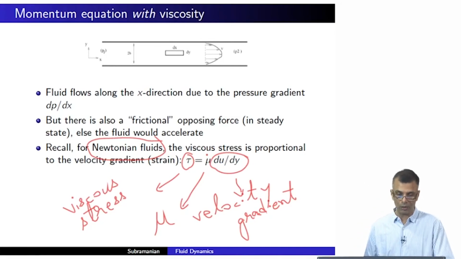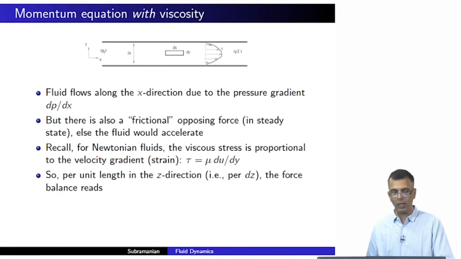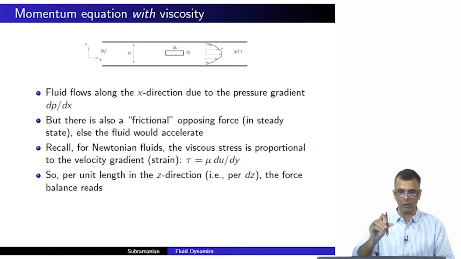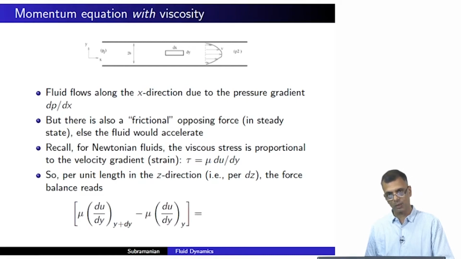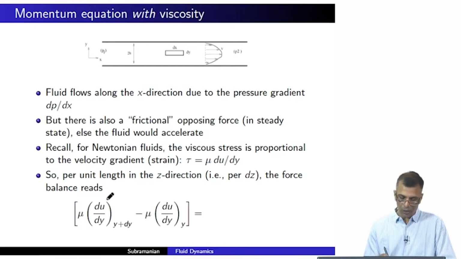So this is the kind of thing that we're talking about. Therefore, per unit length in the z direction, and the z direction is into the plane of the screen, per dz, the force balance reads this. You see, mu times du dy, this is viscous stress, this is force per unit area, and we multiply by dz.